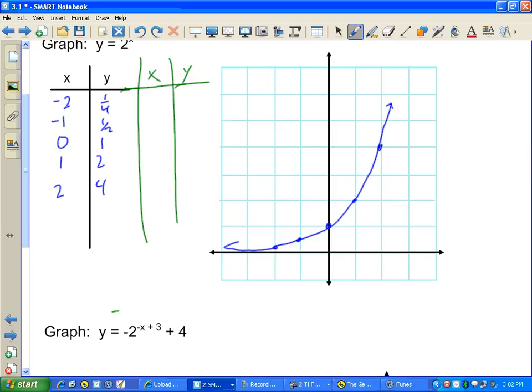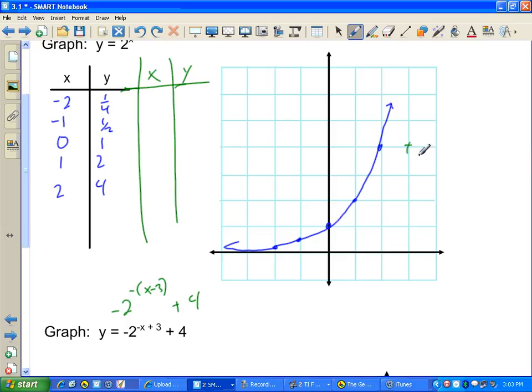You never want to forget to factor, so I'm going to have negative 2. Now, if I factor negative out of this, I'm going to have x minus 3 plus 4. Now, the exponent is where the x is, so all the stuff that's in with the exponent is what's affecting my horizontal movement. All the stuff that's outside, like this negative sign and the plus 4, that's affecting my y movement. So my starting point now is going to be to the right 3 and up 4.